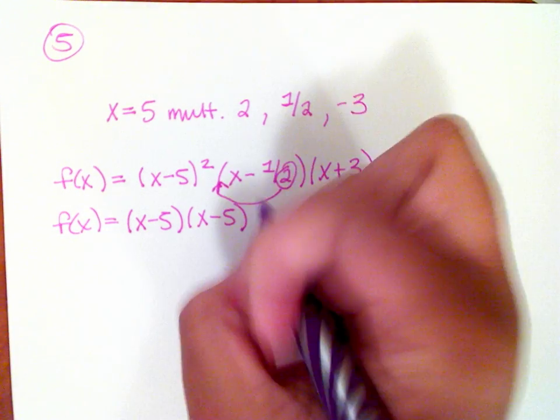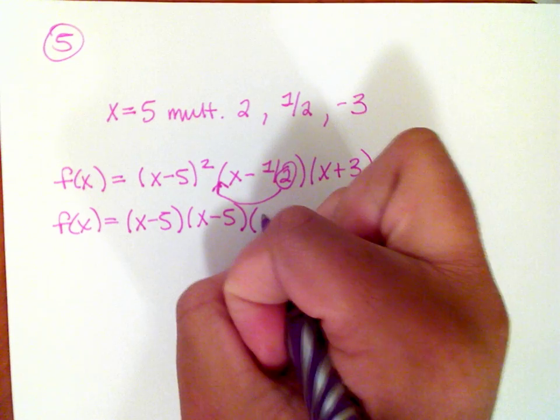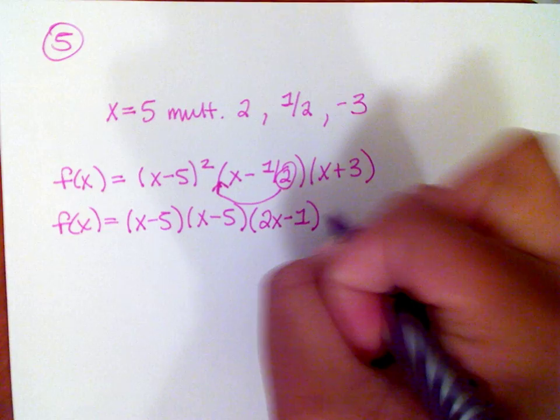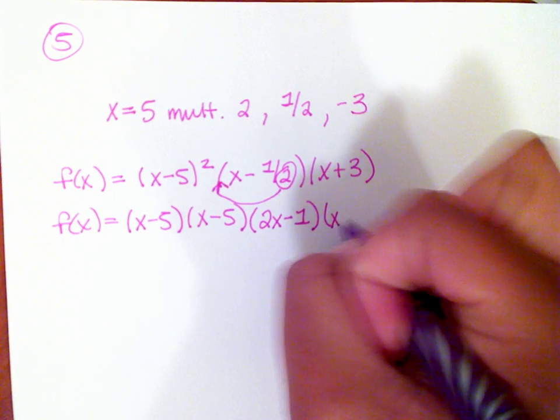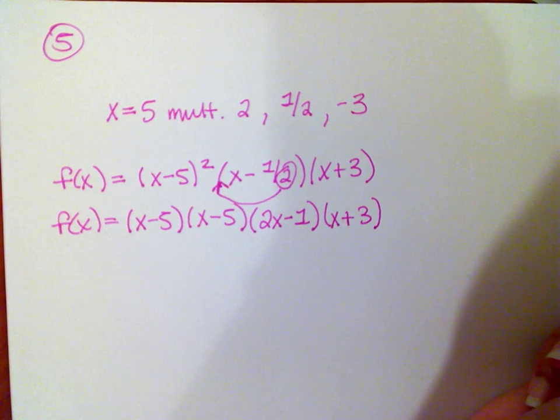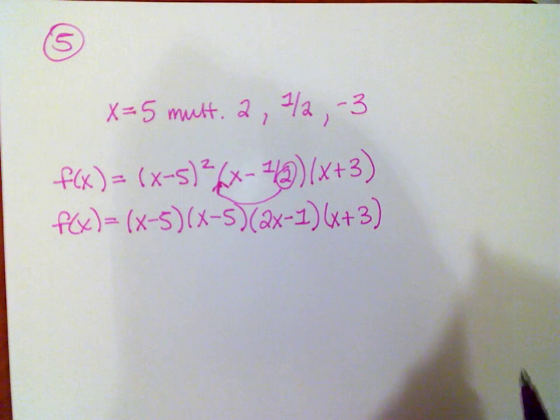So this factor is really 2x minus 1. And then the last one, the quantity x plus 3. Now to put it in standard form, you have to multiply these 4 factors together.